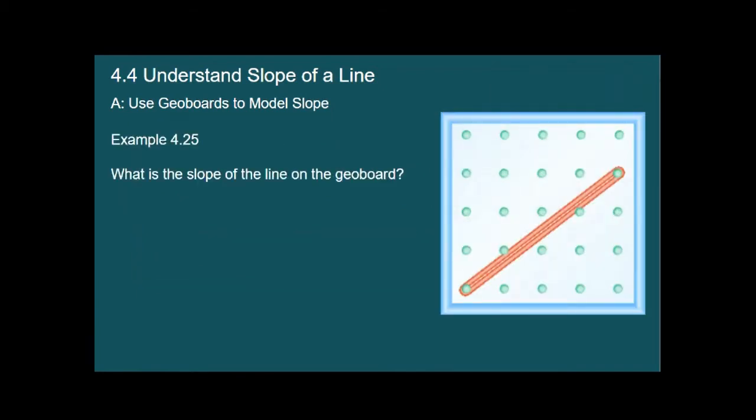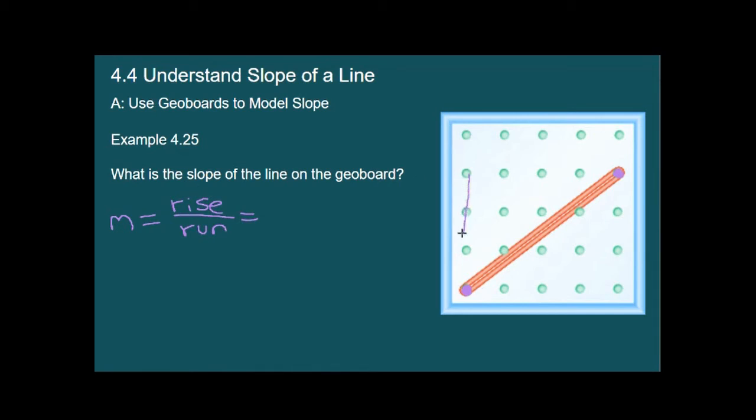So let's do an example. It says, what is the slope of the line on the geoboard? So we're going to go between 2 points, and you always want to go where it meets integers on the Cartesian plane, or in this case pegs. Okay, so we want to go from here to here. So we're going to find the slope, and so we know that slope is equal to rise over run. So first we need to count how far it goes up.